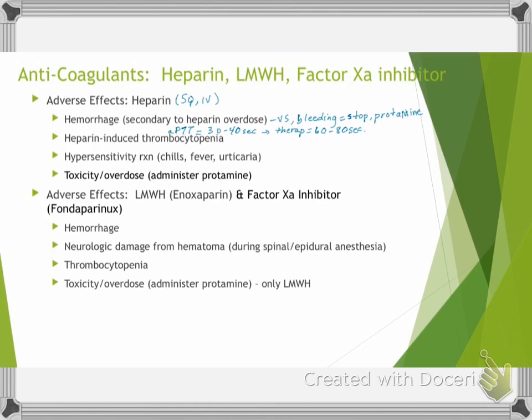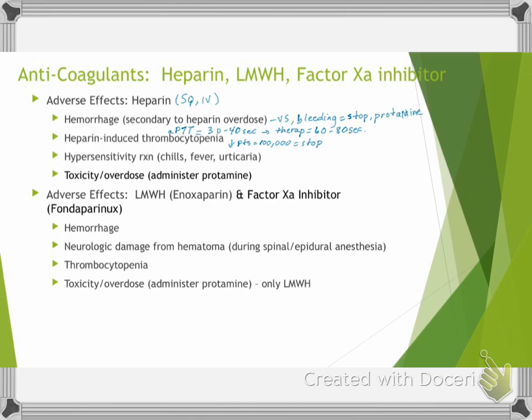Okay? You can have heparin-induced thrombocytopenia, which is a sudden or gradual drop in platelets. So you want to stop if the platelets get below 100,000. We're going to stop it, okay? Because we know that can happen. Hypersensitivity reaction. This would be chills, fever, urticaria.